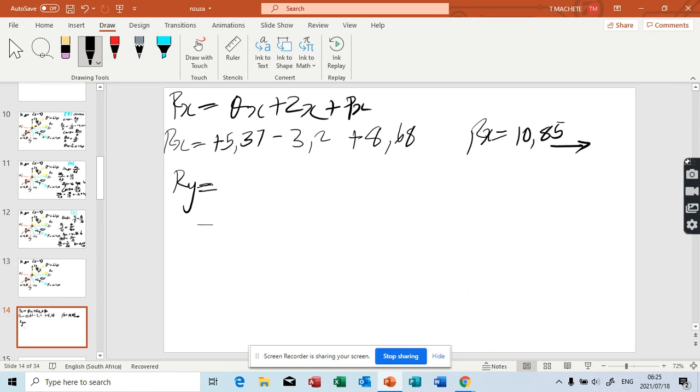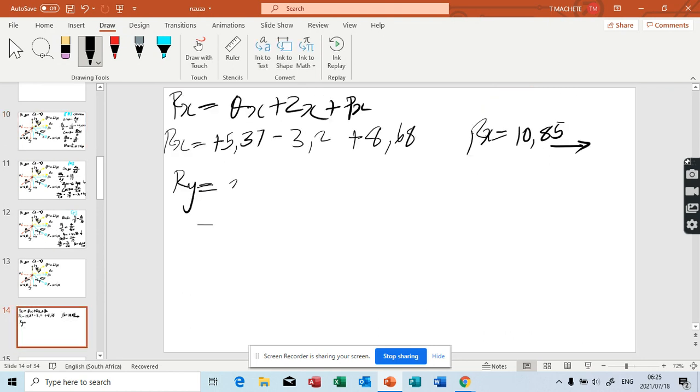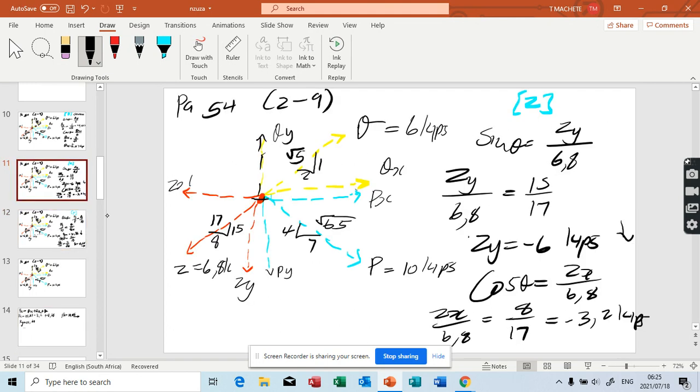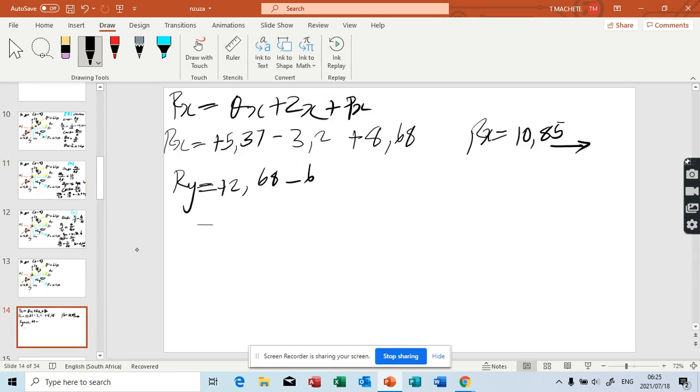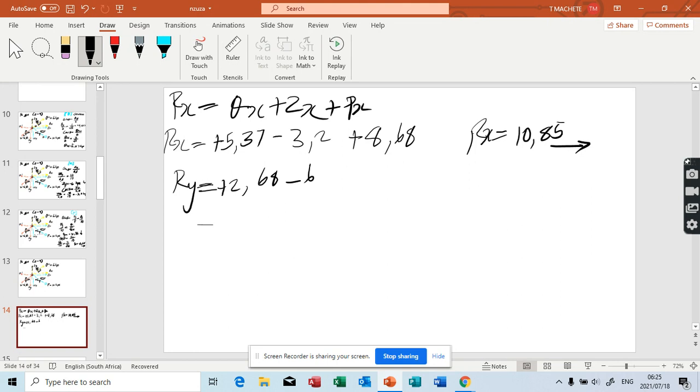Then we're gonna go to Ry now. Ry, let's add those values. Let me go to here. Ry, it was 2.68 positive. Okay, second slide. Okay, let me go to the third one. Ry is minus 6. And then the Py is minus 4.96.